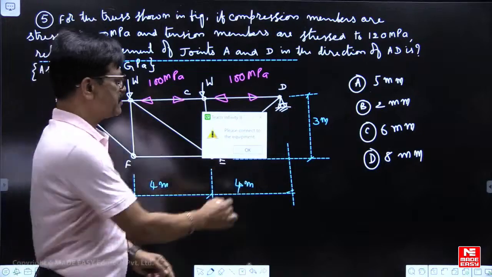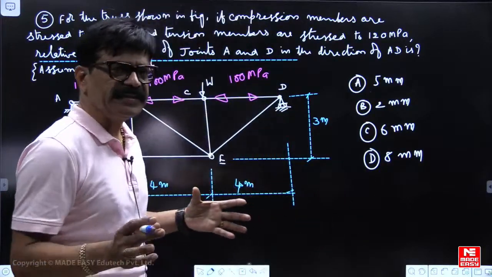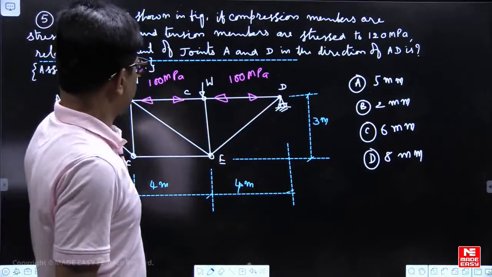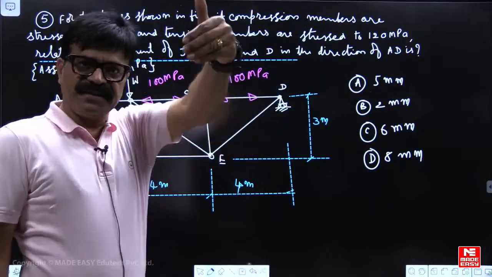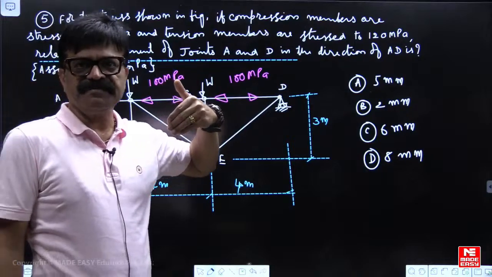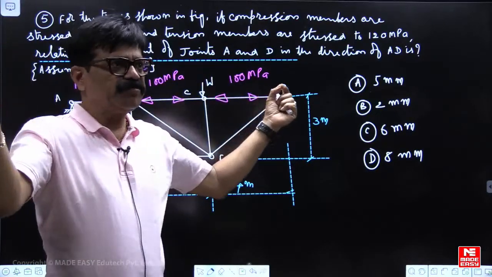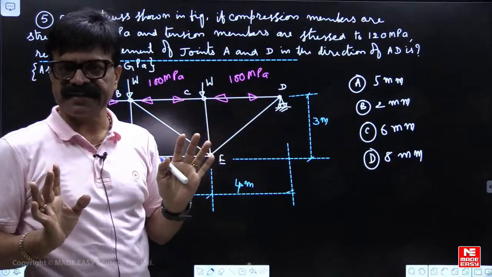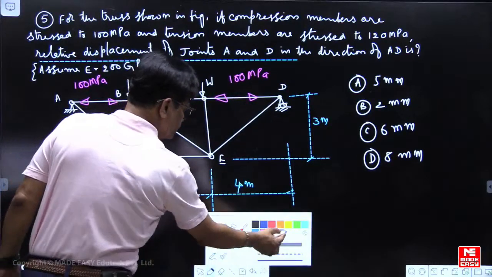The other members may be subjected to compression or tension. We are not interested, because consecutive members are there. If you add the individual contractions of the members, how much joints A and D moved inwards, we will get it directly. What is the relative displacement now?